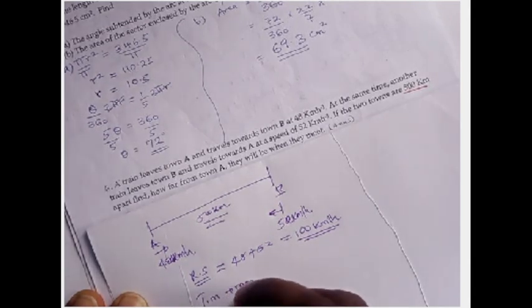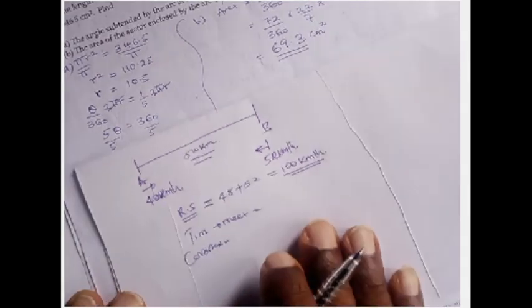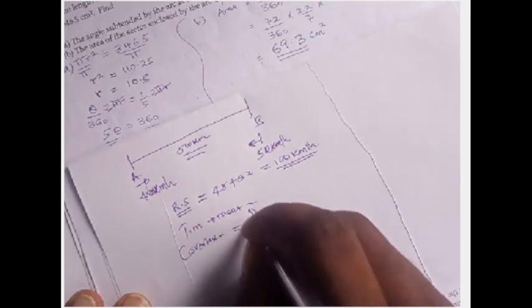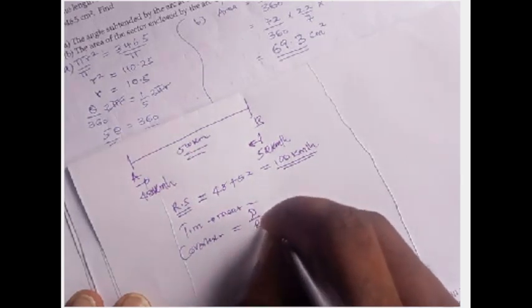To find the time taken for the two to meet, you can call it overtaking time, it is always equal to the distance between the two over relative speed.